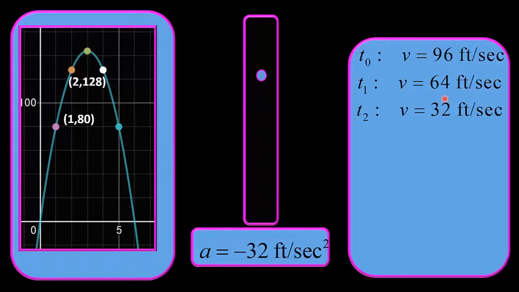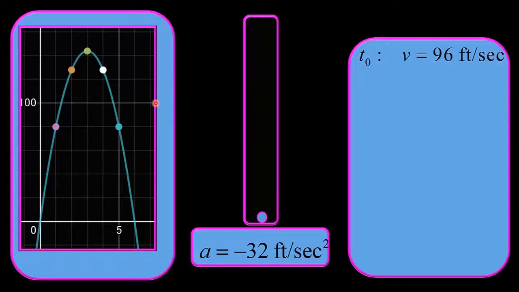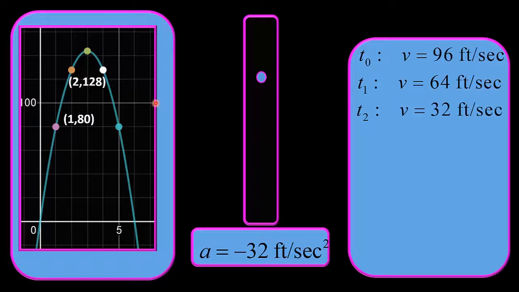I took 64 minus 32, and now the height is 128 feet. But you notice, during the first second, the distance the object traveled was more than the second. Look at the little ball, how it travels.